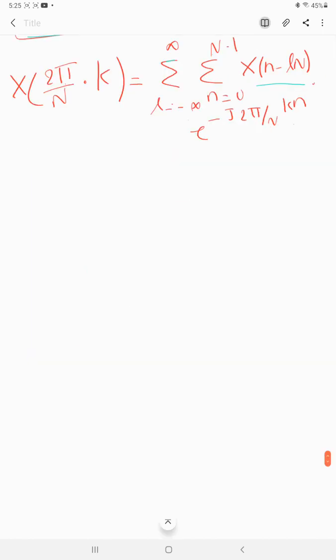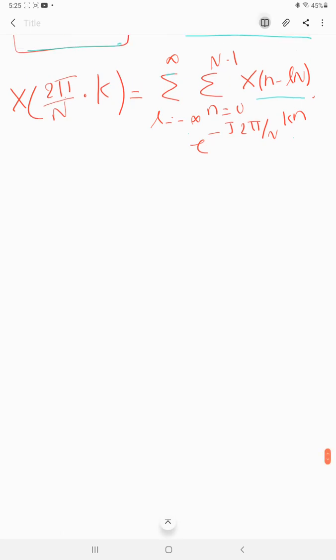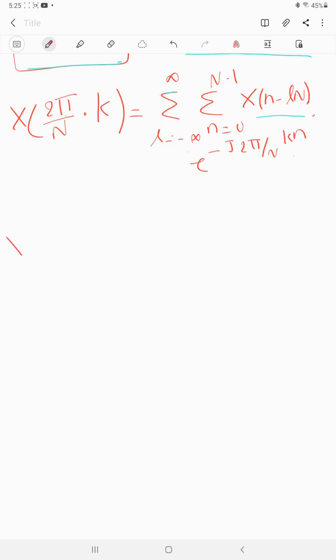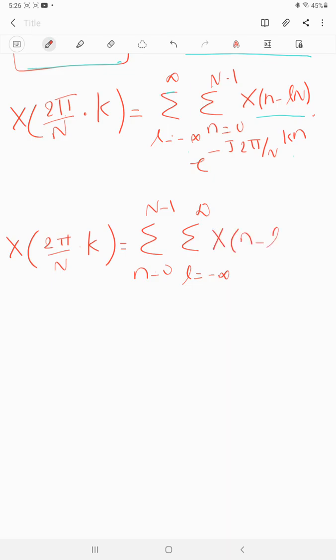After rearranging, I am going to write the equation X(2π/N · k) is equal to summation of n equal to 0 to N-1, summation of L equal to minus infinity to infinity x(n - LN) e^(-j2π/N · kn).